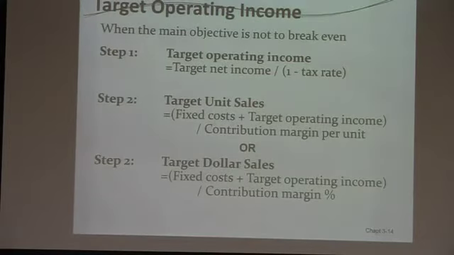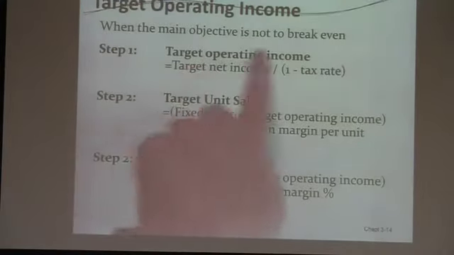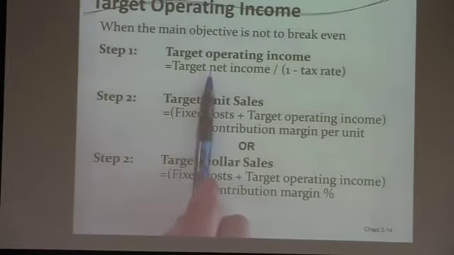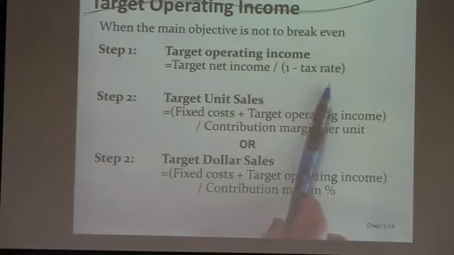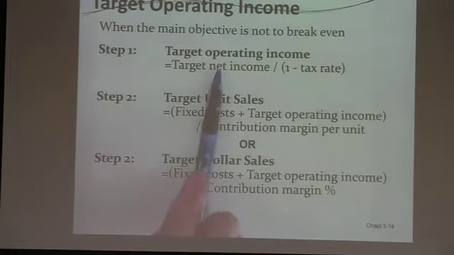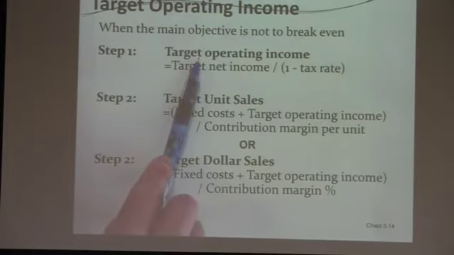Step 1 is determine the target operating income. In this case, we take the target income divided by 1 minus the tax rate. We're told in this question that the 36,000 is after tax, and the tax rate is 25%. So it's going to be 36,000 divided by 75% as our target operating income.